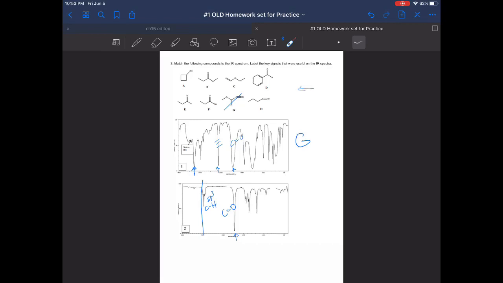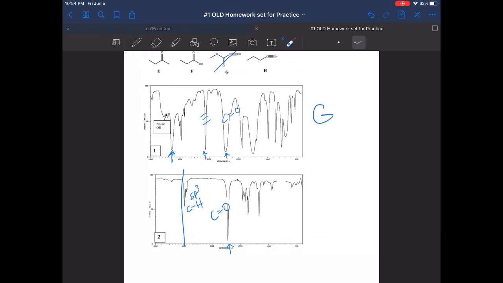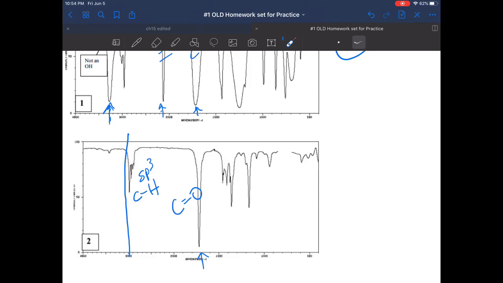And so one really important signal is going to come from the CO stretch right here from an ester. If I look at this chart, you're going to see a very strong peak between 1310 and 1250. If I zoom in here, this is 1,200, 1,300.